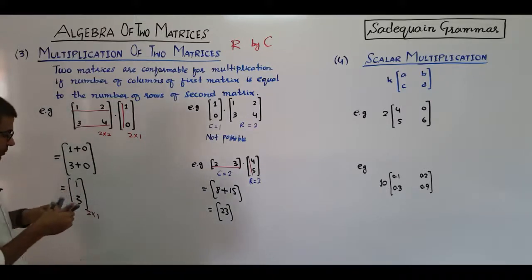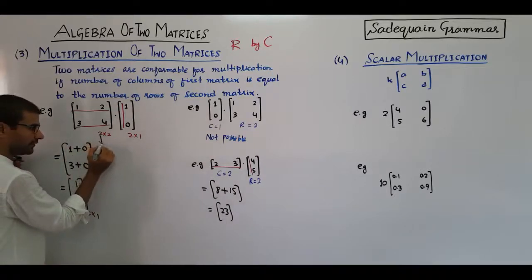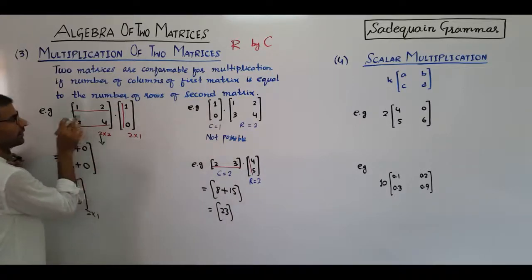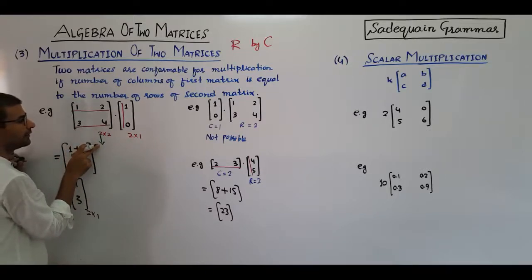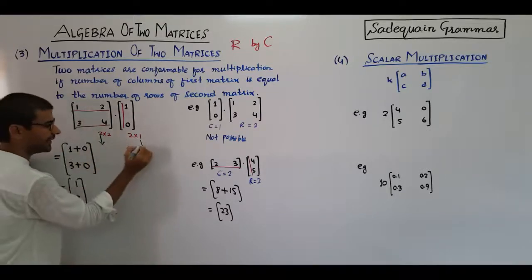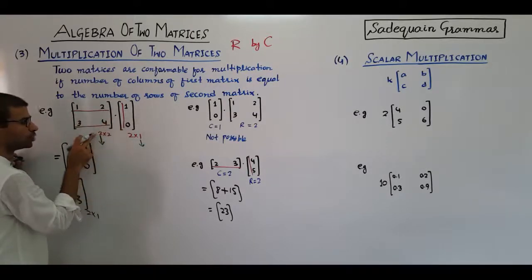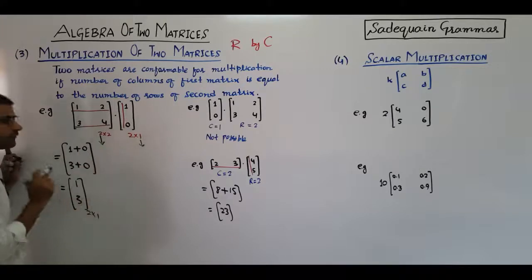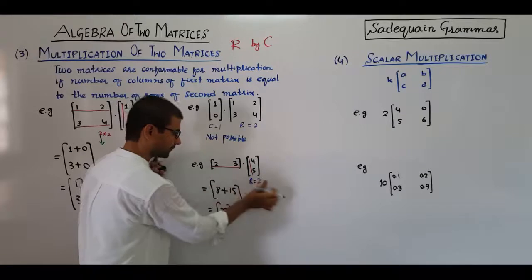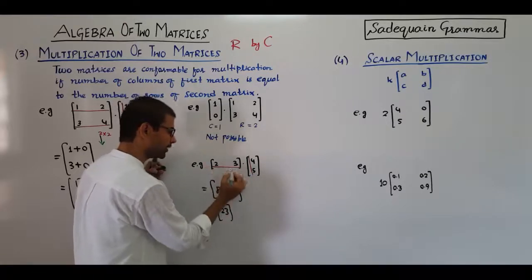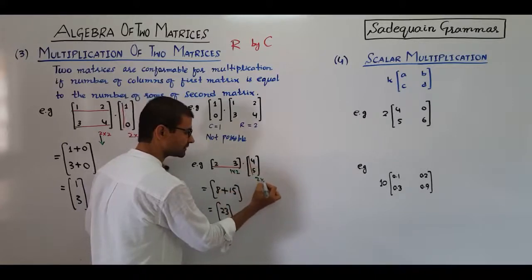Now you can notice, students, that in order, take the first number of the first matrix and the second number of the second matrix. 2 by 1 is the order of the result. Now in this case, the order of this matrix is 1 row, 2 columns, and the other is 2 rows, 1 column.